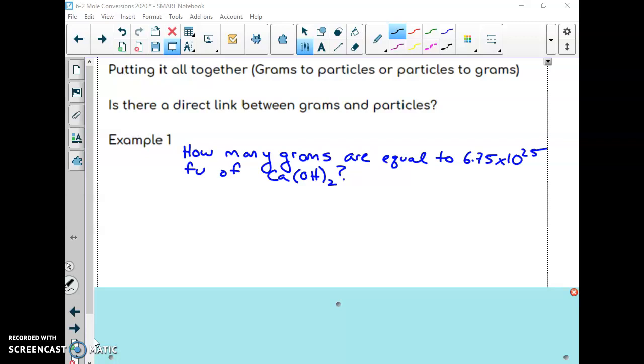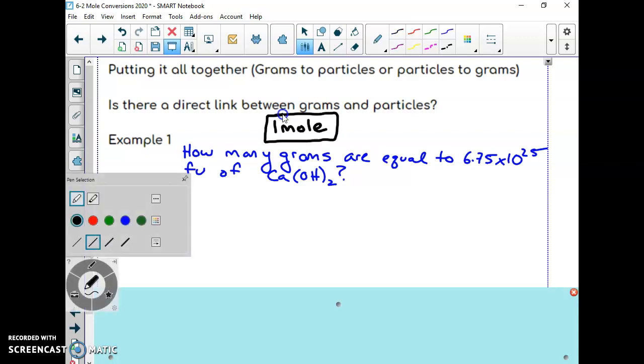But in the first case, even before starting example 1, is there a direct link between grams and particles? If you think about all the problems we've done up to this point, there has only been one unit that is constant in each, and that is mole. In any of these problems, we are relating something in terms of moles.